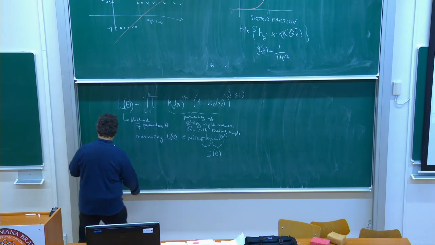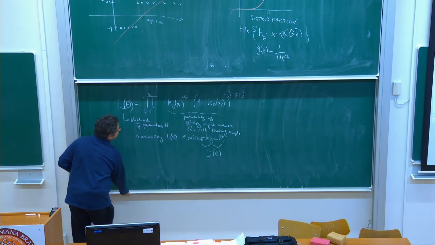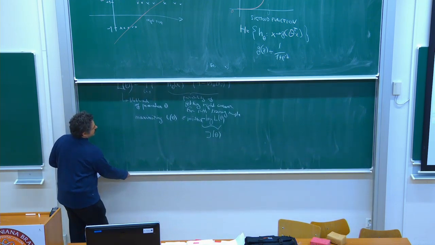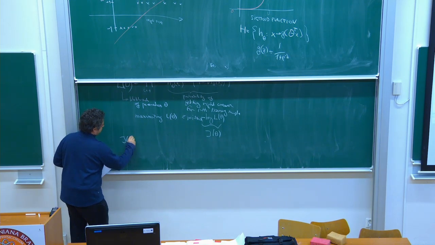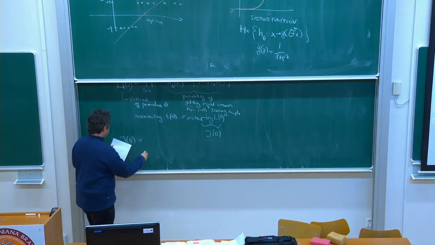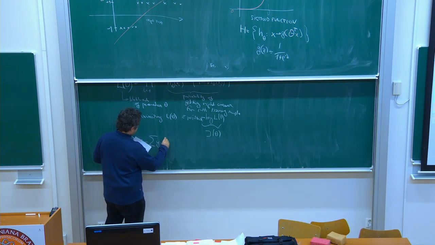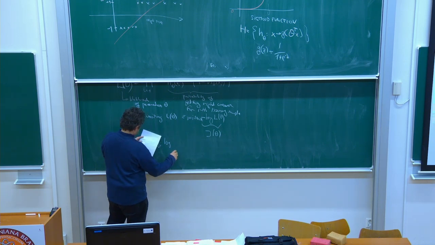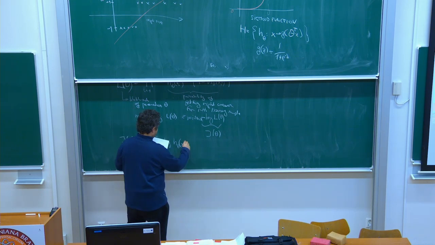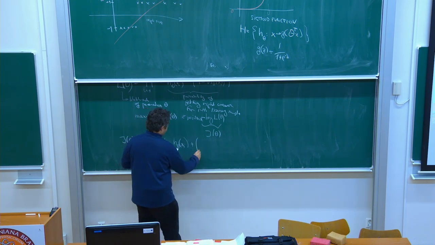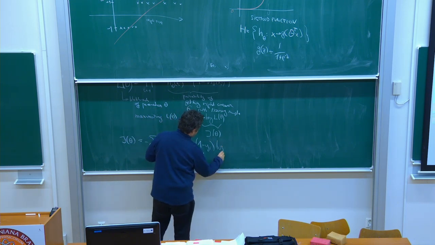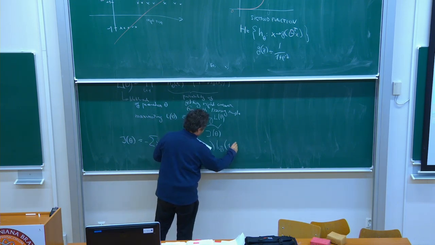So let's rewrite it. Our error function J theta will be minus the sum of yi times the logarithm of h theta of xi, plus 1 minus yi times the logarithm of 1 minus h theta of xi.